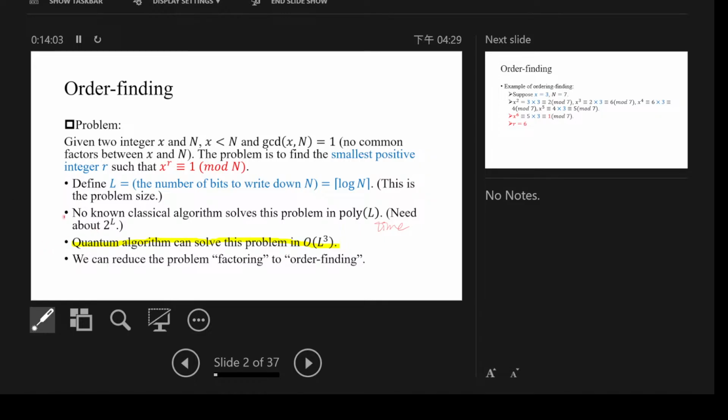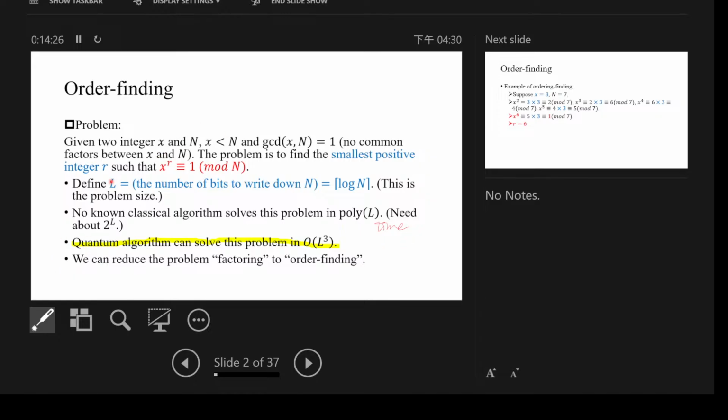Now let's look at the classical algorithm to find this r. We don't really have a lower bound, but we haven't found any efficient algorithm for this. We need about polynomial in n steps.